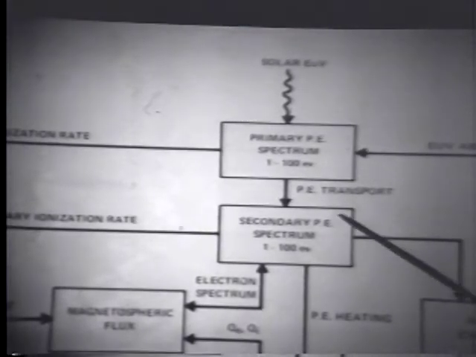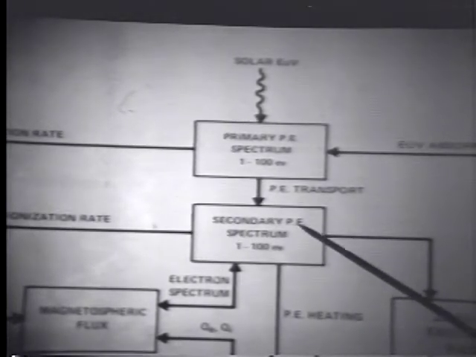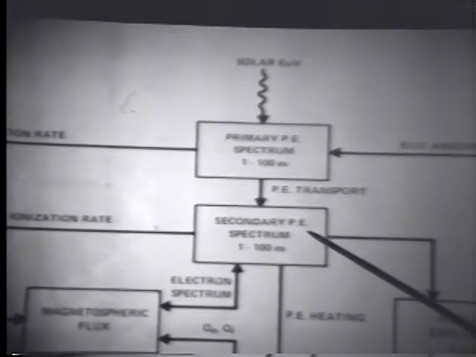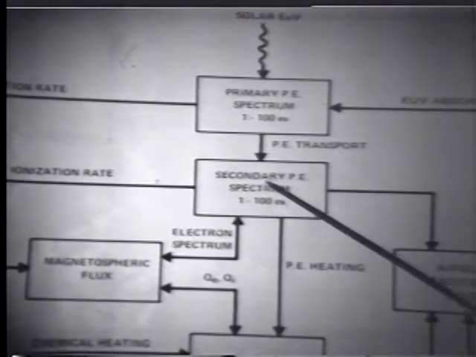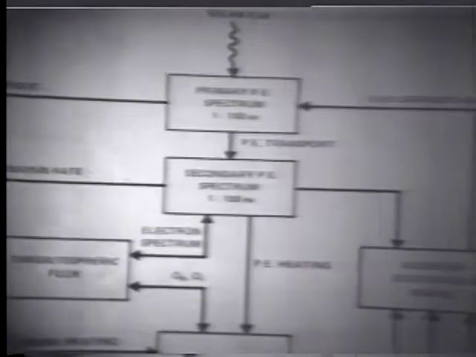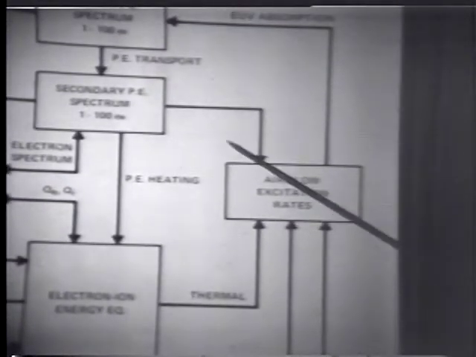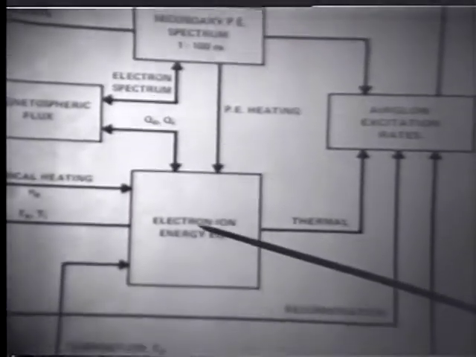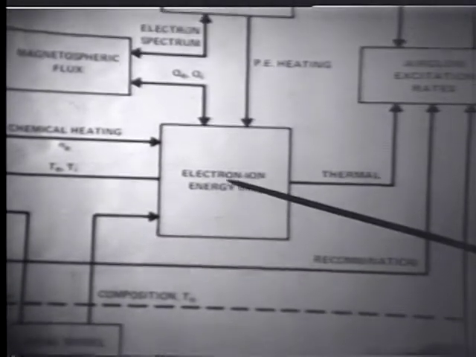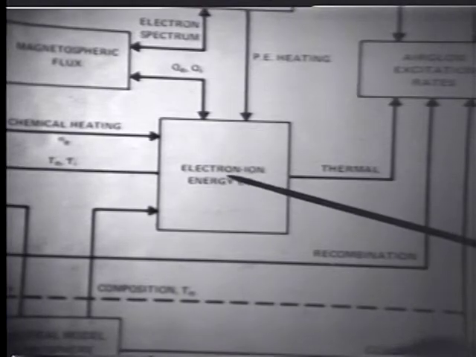The secondary photoelectron transport equation developed by Nagy and Banks, and therefore at each time step and each altitude one can calculate a photoelectron spectrum, fold it into the appropriate airglow excitation cross-section. One can calculate the airglow excitation rates, calculate the photoelectron heating, which then goes into the coupled electron-ion energy equation to calculate the electron-ion temperatures.